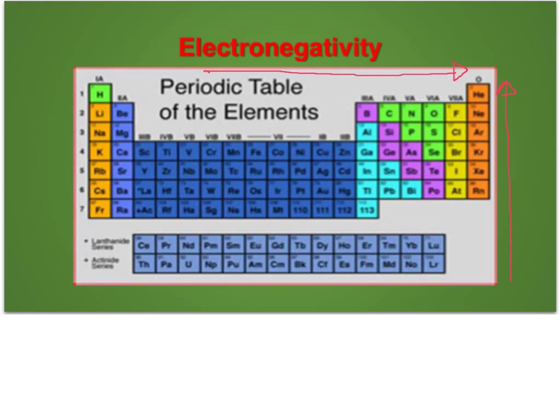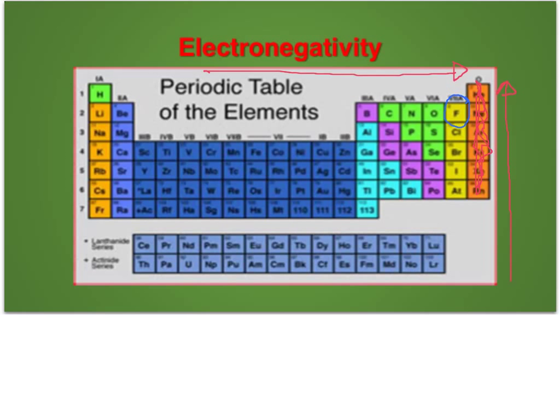So which element do you think has the highest electronegativity? No, it's not helium, because remember, all these here are already stable, so we tend to ignore the noble gases. In this case, fluorine will be our most electronegative. Okay, so fluorine is the most electronegative.